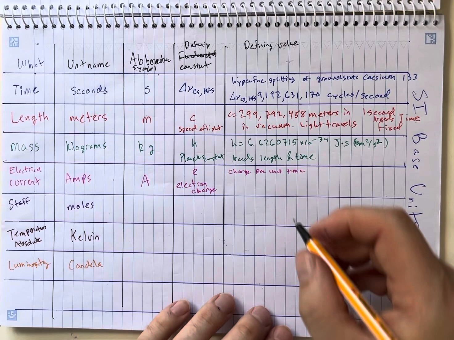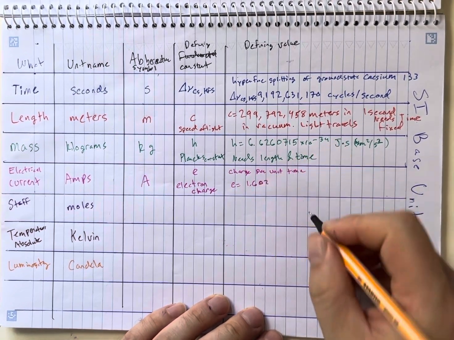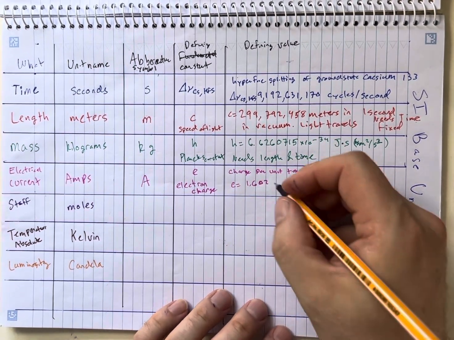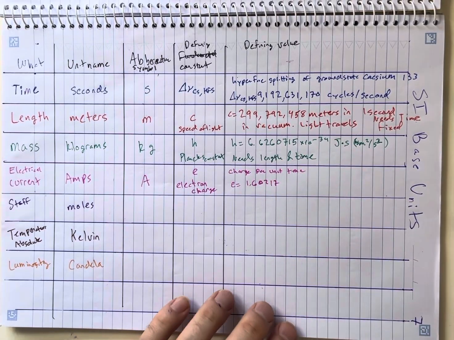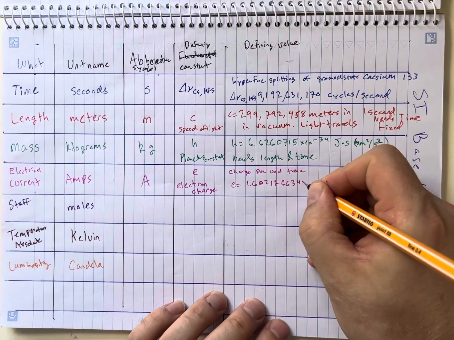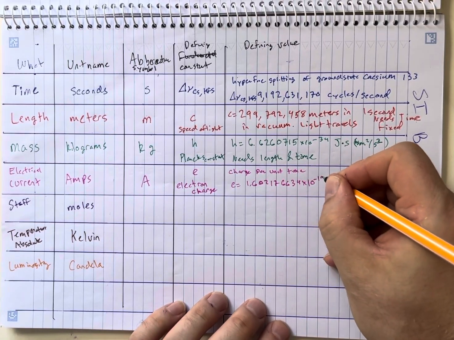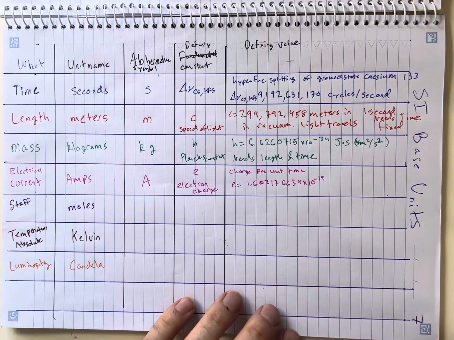And we've got e is equal to 1.602 176 634 times 10 to the negative 19. This is the charge of an electron.